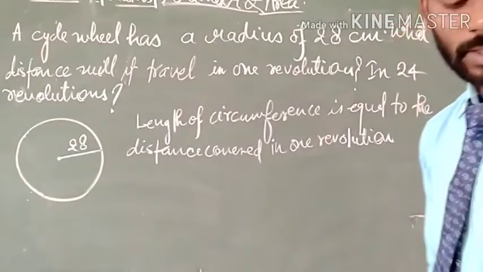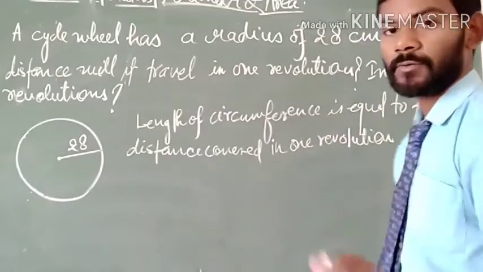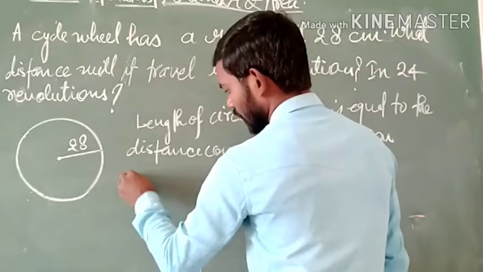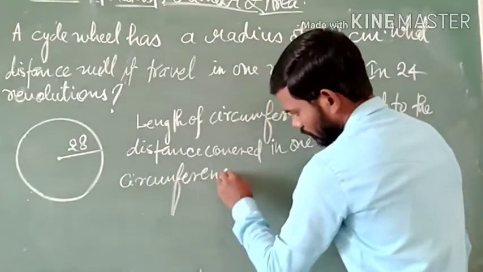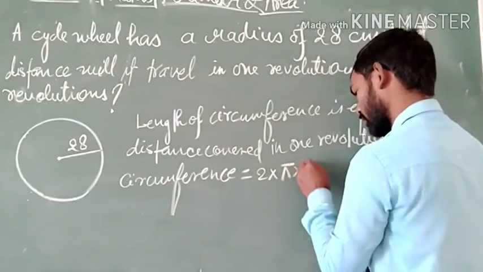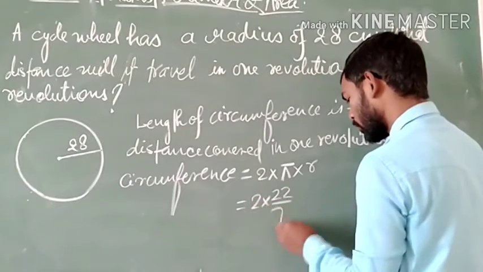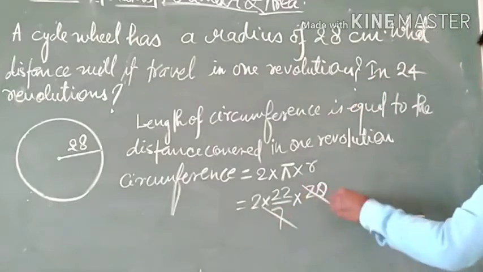So it is clear that if we find the perimeter of circle, it will represent the distance covered in one revolution. So here circumference is equal to 2 pi r. Now put the value: 2 multiplied by 22 upon 7 multiplied by 28.